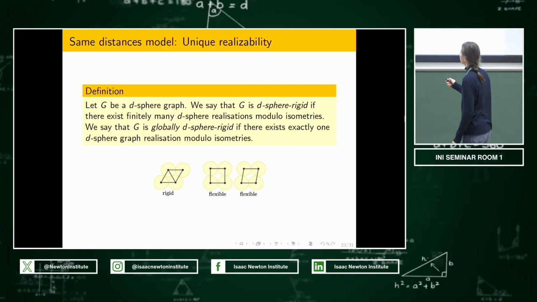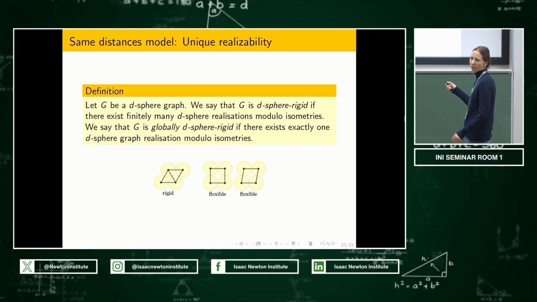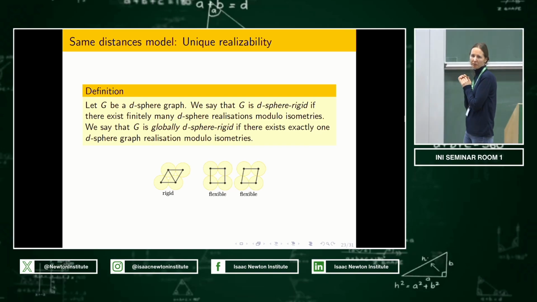So this over here is d-sphere rigid, and these are d-sphere flexible, because you can move around the pennies.